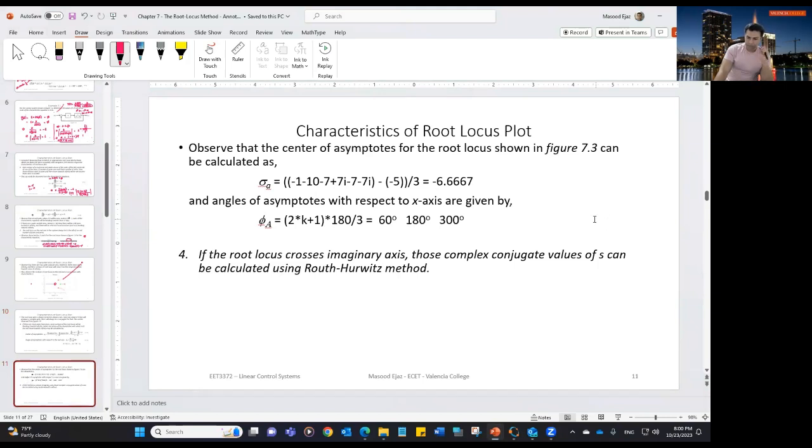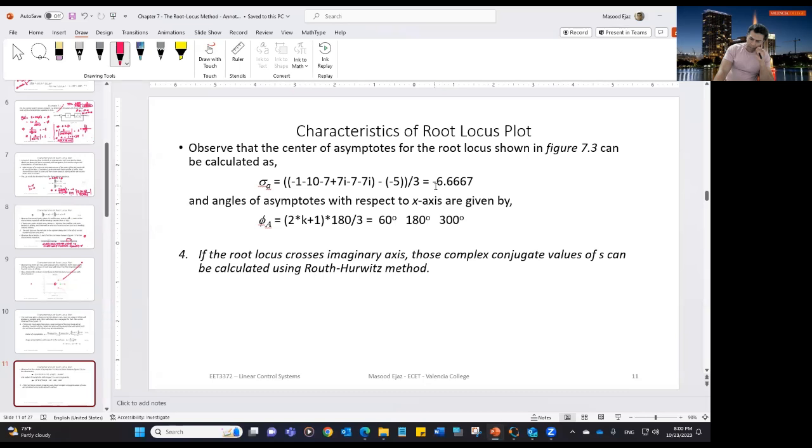For example, for this one, we have the center of asymptotes. We have 4 poles: -1, -10, -7 plus 7i, and -7 minus 7i, minus the zero at -1, which gives -20, divided by n minus m, which is 3.